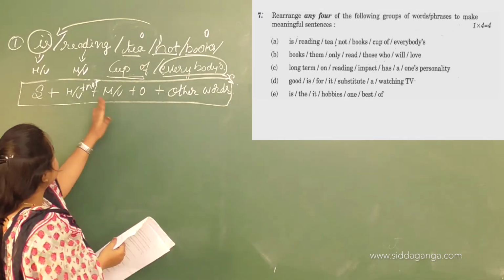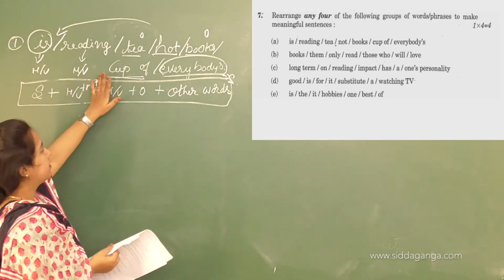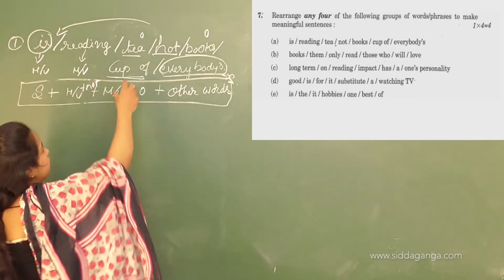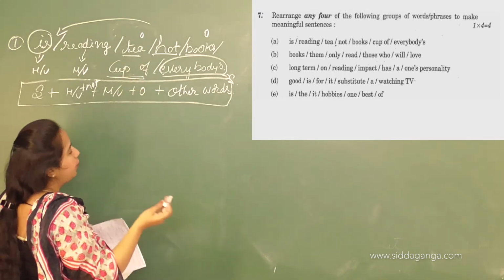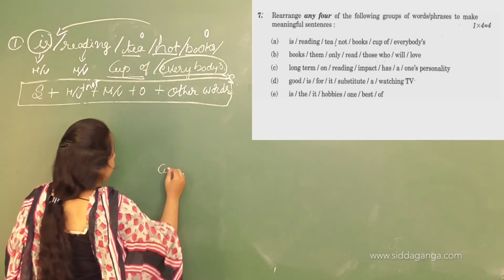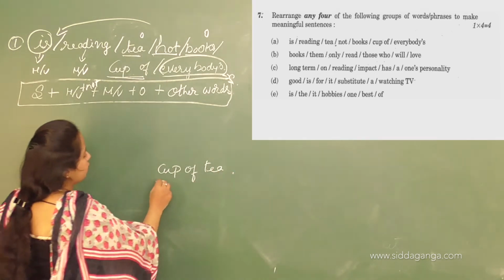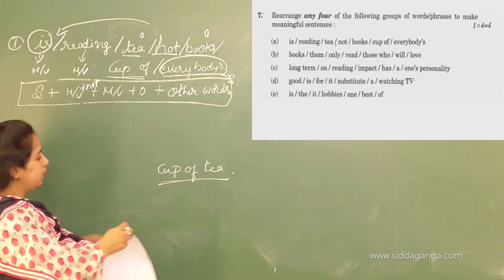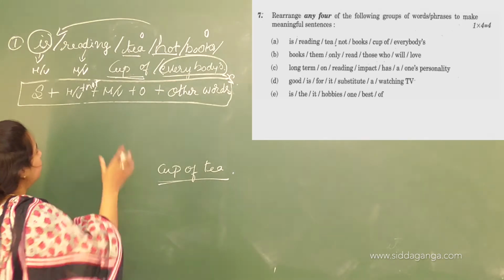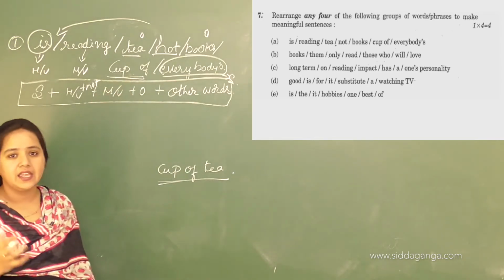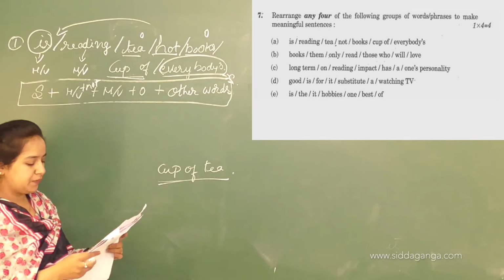Books is different and reading is different, but we can join these two. Cup of tea, cup of tea. So now we got three words. It is an idiom, that is cup of tea.